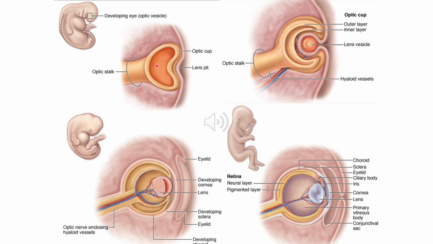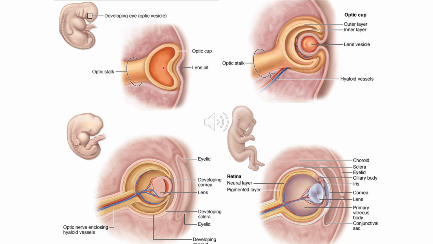I want to add that the optic stalk, which is the connection between the developing eye and then the forebrain, will carry the optic nerve. The optic nerve is cranial nerve 2 and is going to move posteriorly and then form the optic chiasma, and beyond that it goes on as the optic tract.